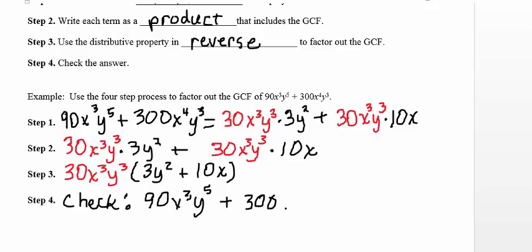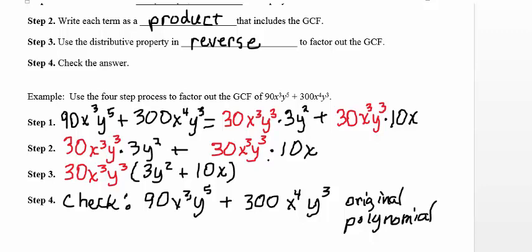X cubed times x is x to the fourth. And y cubed is just recopied. So I see that that does indeed equal the polynomial that I started with. So it does check out. So this is my original polynomial. Alright, so a lot of times this second step we actually do mentally.